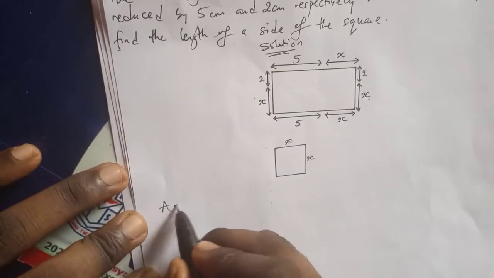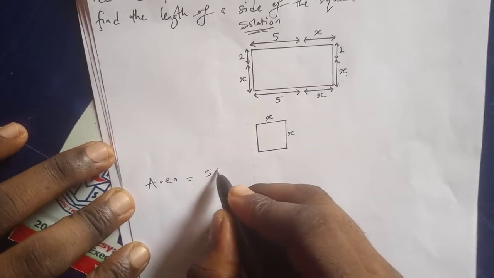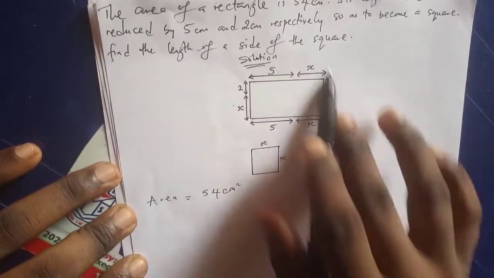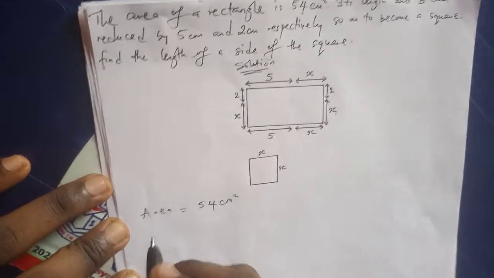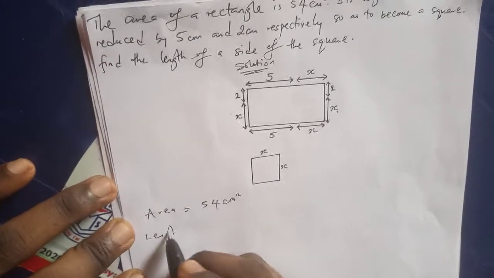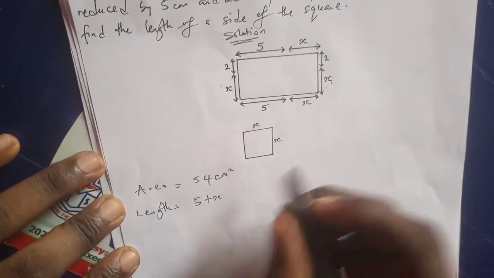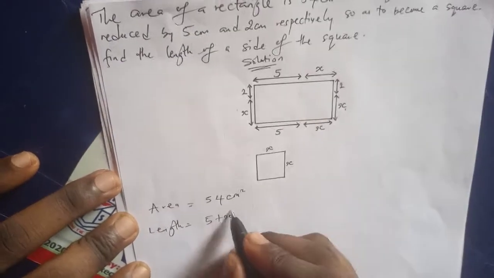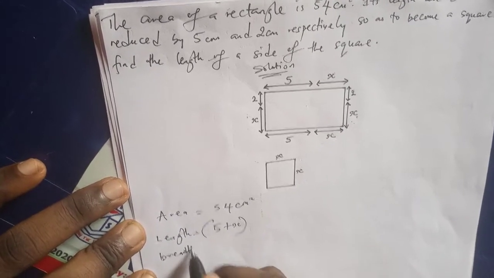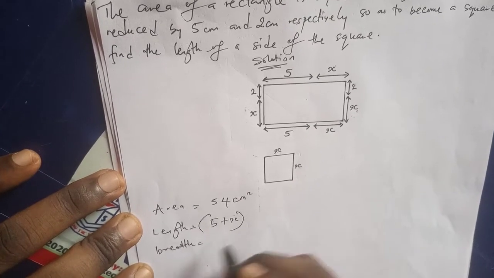So the area of the rectangle has been given as 54 centimeters squared. But from this diagram here, I can see that the length is equal to 5 plus x, or x plus 5.